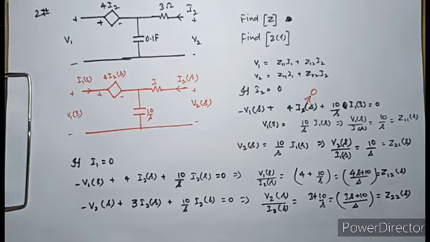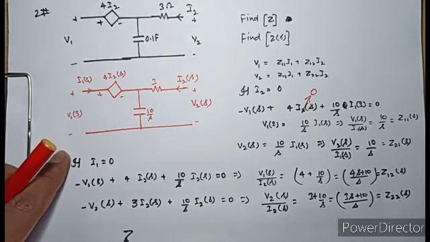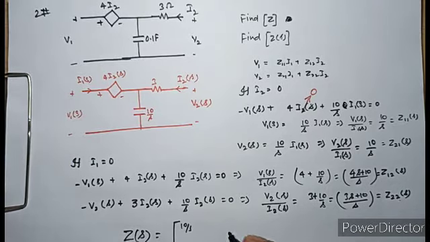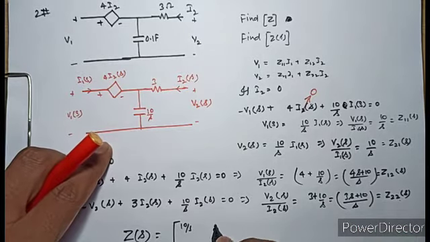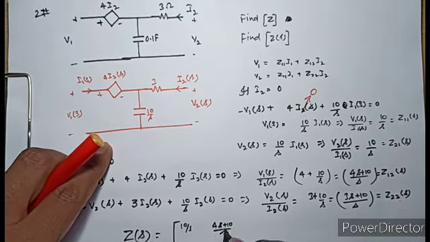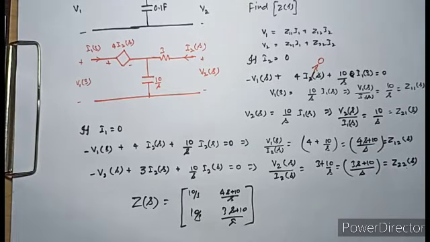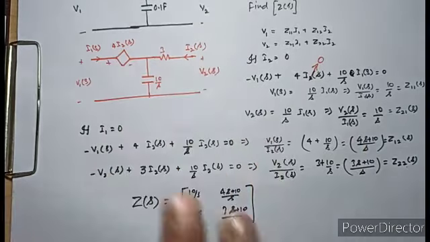So we calculated all the 4 Z parameters in S domain: Z11s, Z21s, Z12s, Z22s. So Z of S will be Z11s 10 by S, Z12 4s plus 10 by S, Z21 10 by S, Z22 3s plus 10 by S, right? This is our Z parameters for this network.